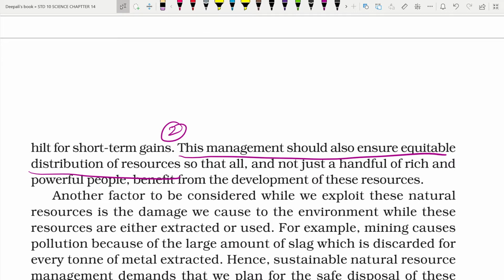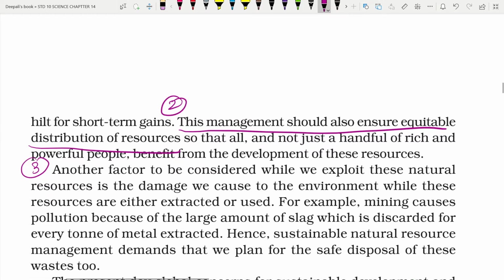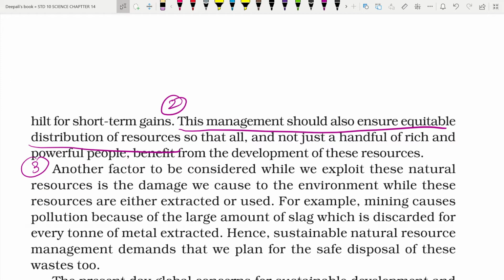Another factor to be considered while we exploit these natural resources is damage we cause to the environment while these resources are either extracted or used. For example, mining causes pollution because of large amount of slag which is discarded from every ton of metal extracted.